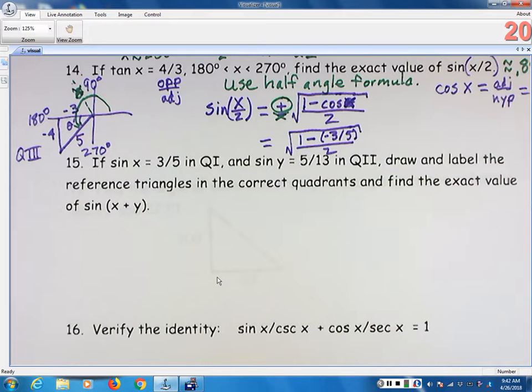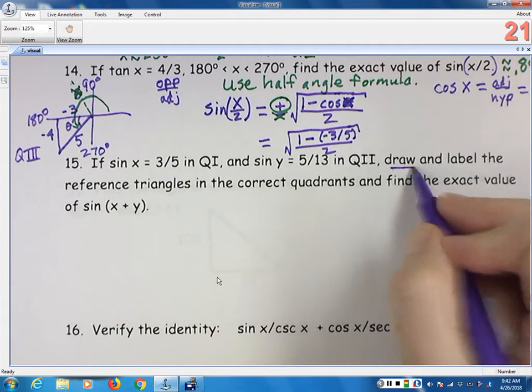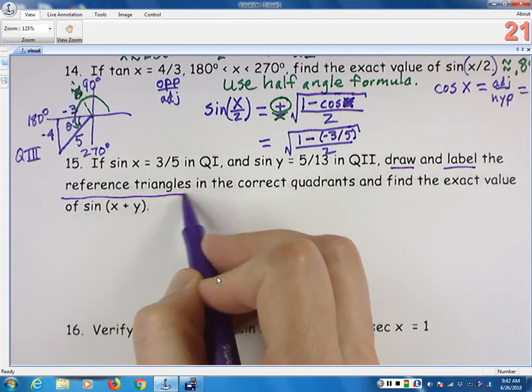So do you need me to work it? Have you looked at the answer? You should draw your triangles in the correct quadrants, and that's part of your grade on this problem, I think. Double check that. It was on my test, remember? So the instructions say, draw and label the reference triangles.